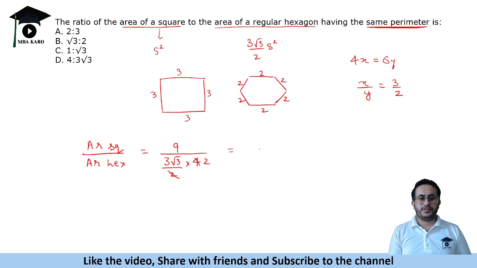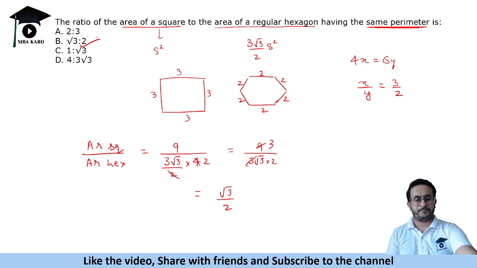So we get 9 upon 3 root 3 into 2. So 9 can be written as 3 into 3, or we can reduce 9 by 3, and 3 by root 3 is root 3. So this ratio is root 3 to 2. So one must know the formula for areas of hexagon, octagon, etc.